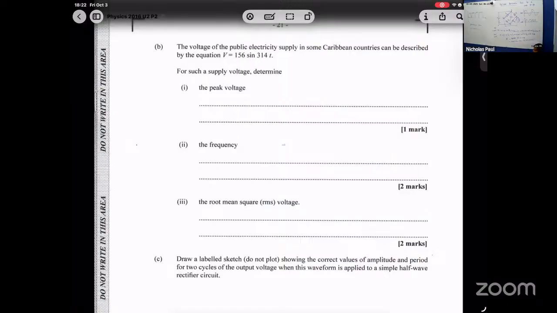2016, number 5. This is part B. So they gave you the formula 156 sine 314. Find the peak value, the frequency, root mean square. Hurry up. Finish.